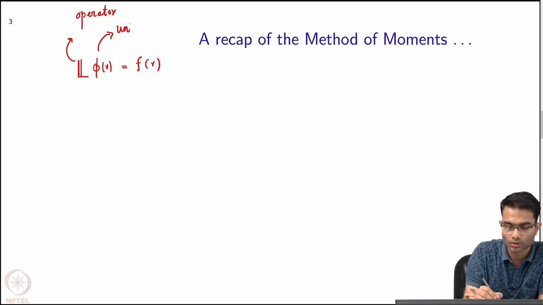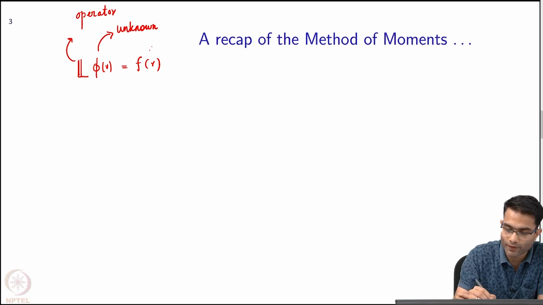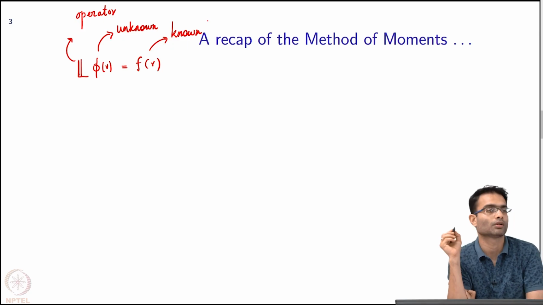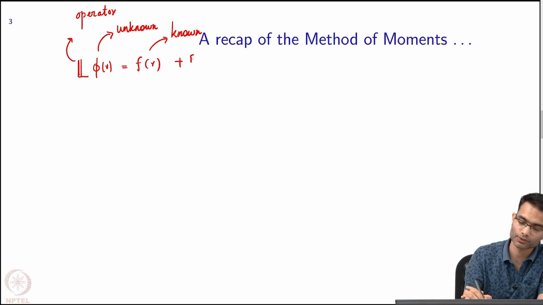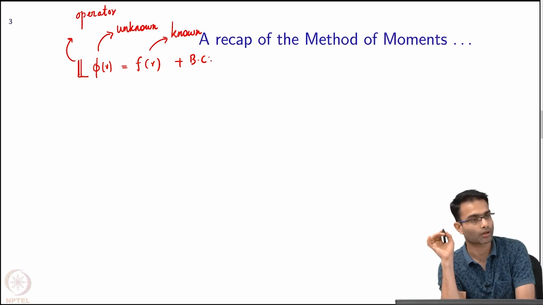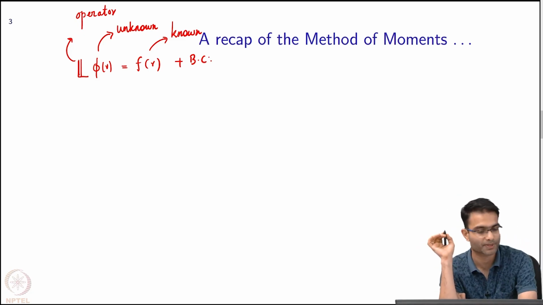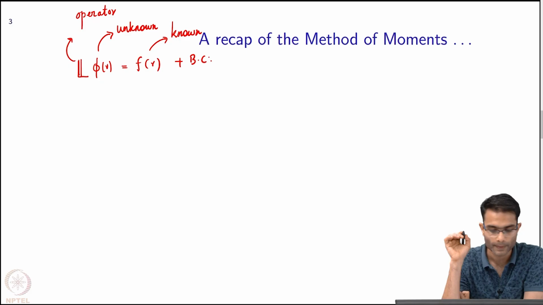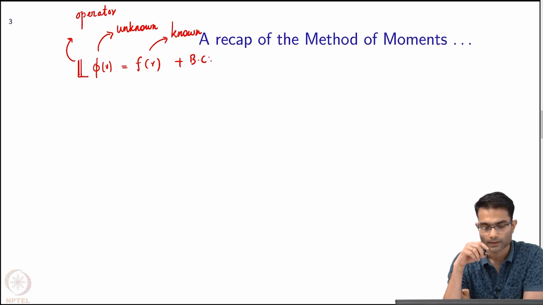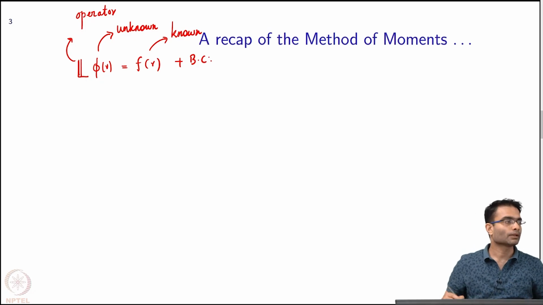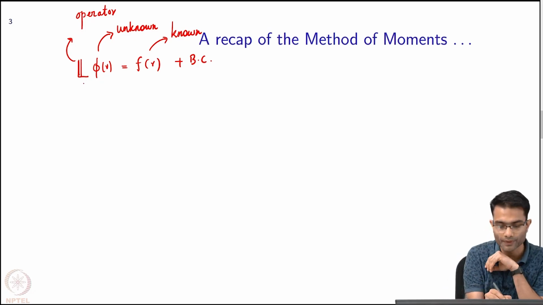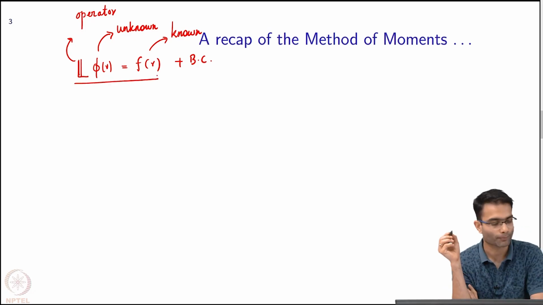The unknown which I wanted, and f of r is a known forcing function along with some boundary conditions. Okay. So, all the boundary conditions always need to be specified in this case. Right. So, we will assume the same sort of formulating equation over here as a starting point.